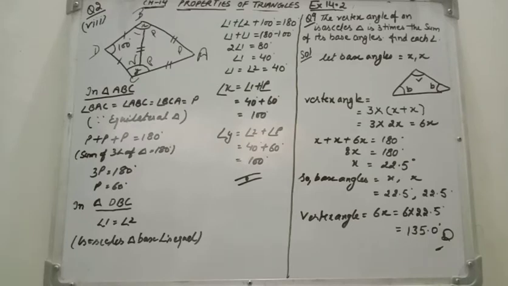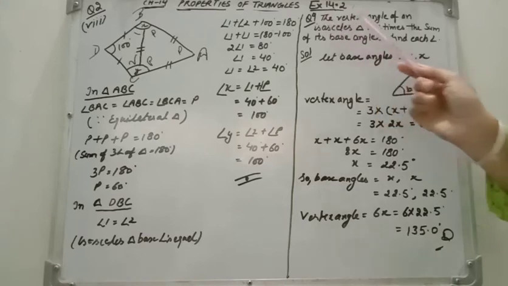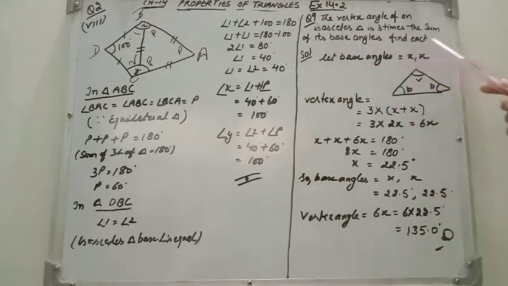Now we are taking question number 9. See, the statement is given to you. The vertex angle of an isosceles triangle is 3 times the sum of its base angles. Find each angle. Okay. See, this type of triangle is this. The upper part is called the vertex angle and below are called the base angles.